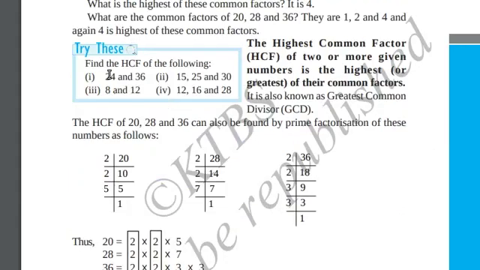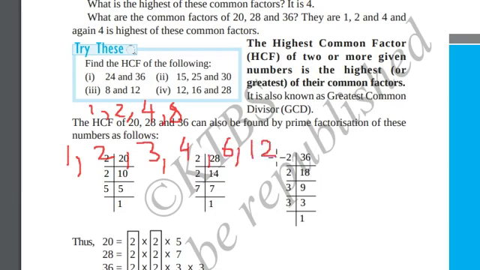Now let us find the highest common factor between 8 and 12. Factors of 8 are 1, 2, 4 and 8 itself. And factors of 12 are 1, 2, 3, 4, 6 and 12 itself.